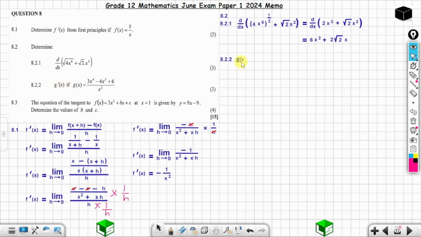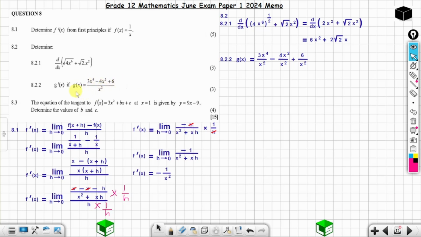So g of x is equal to, you can divide every term in the numerator by x squared like this: 3x to the power of 4 over x squared minus 4x squared over x squared, plus 6 over x squared.